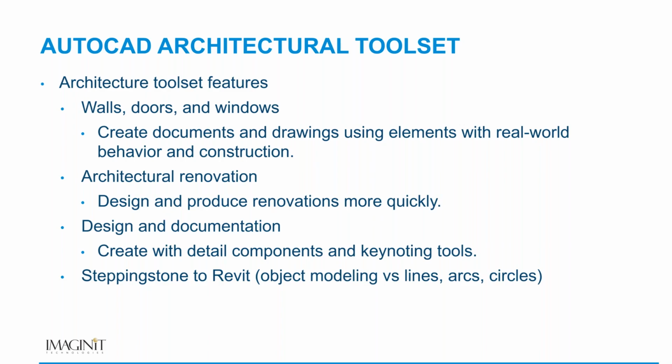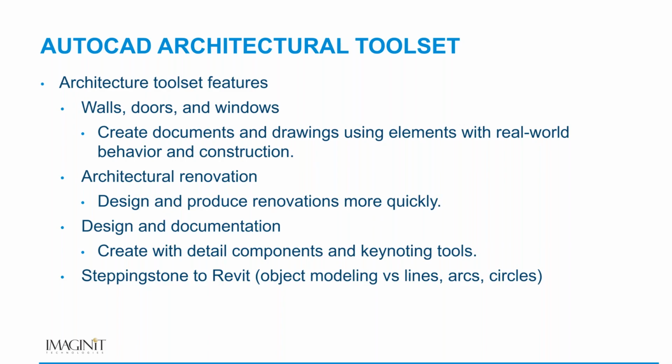And think of this as a stepping stone to Revit. So what we're going to be doing here with the walls, windows, and doors is we use AutoCAD architecture as object modeling. So when you draw a wall, it's drawing a real wall object. It's not drawing two lines that represent a wall. Same thing if you want to insert a window, it's not going to let you insert a window unless you put it on a wall feature or something like that.